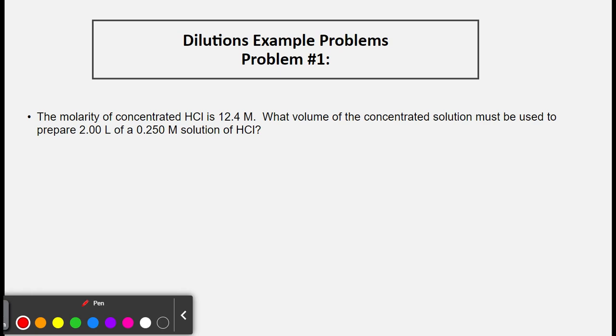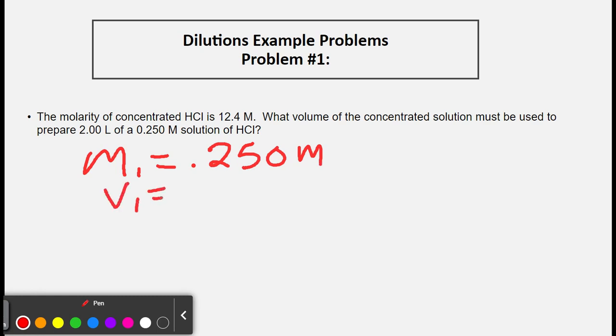All right, so we are going to identify our variables. What volume of concentrated solution must be used? So I'm going to start with M1 is 0.250 molar solution of hydrochloric acid, and then V1 is 2.00 liters.